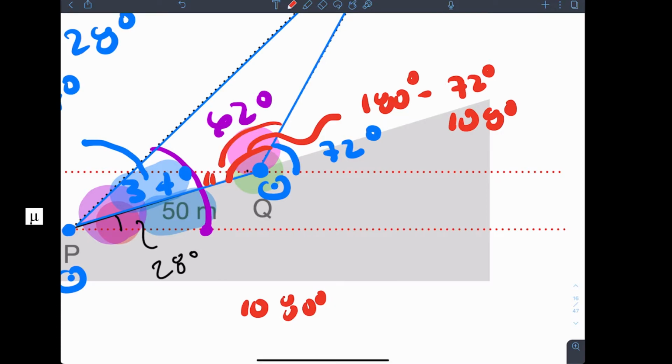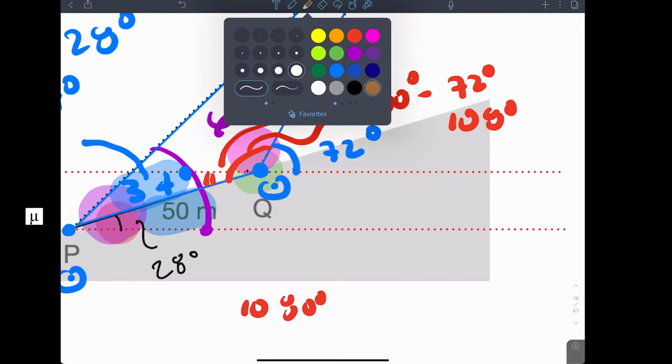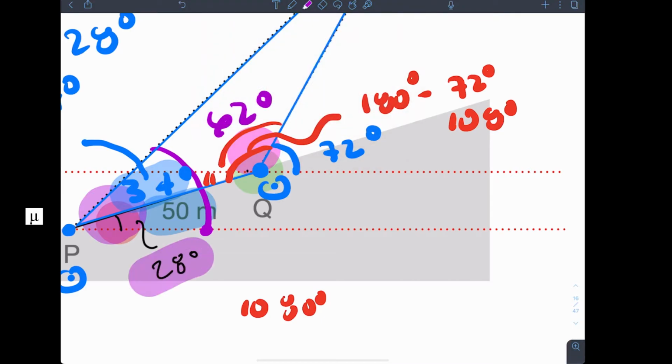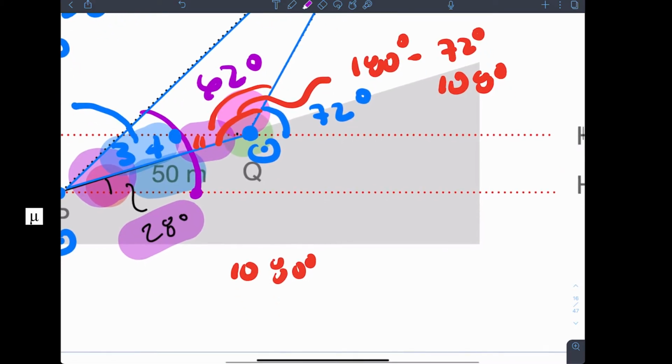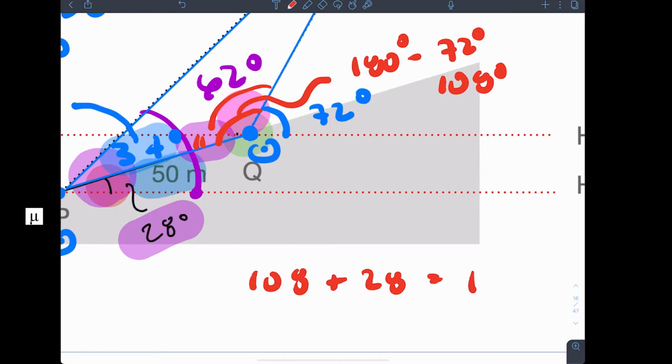And that's going to be 28. Is that right? Now you say, how do we know it's 28? Because it's a transversal. So 108 plus 28, ladies and gentlemen. And what does that give you? 136 degrees.